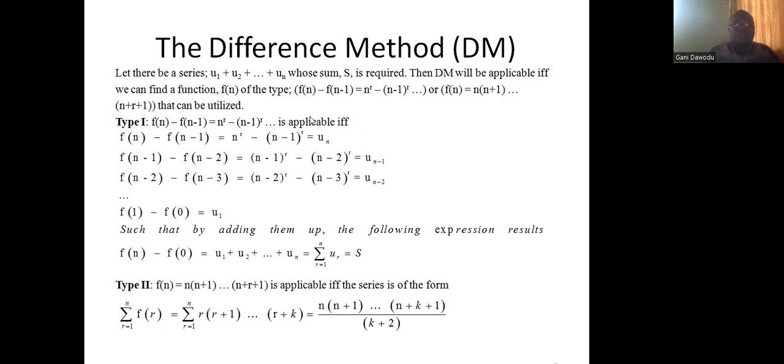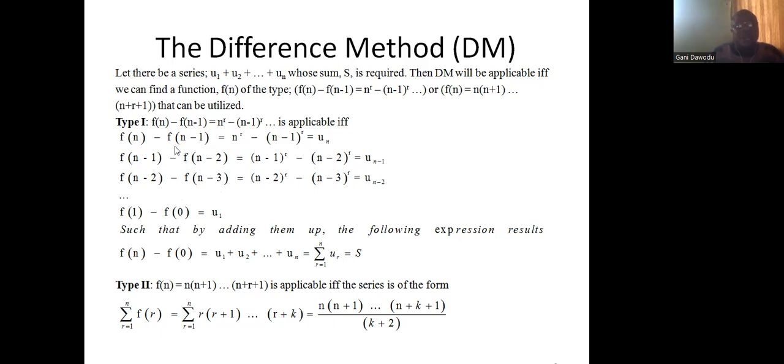Now, if it's of the first type, then you are going to list it out like this to serve as the representation for the un. Un will be f of n minus f of n minus 1, down the line to u1, which will be f of 1 minus f of 0. Very often, the content of the left-hand side will cancel out. Look at it.